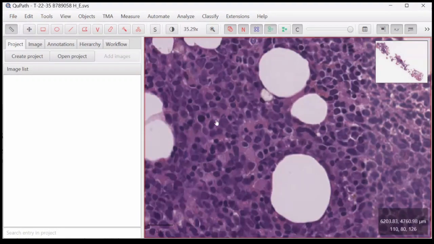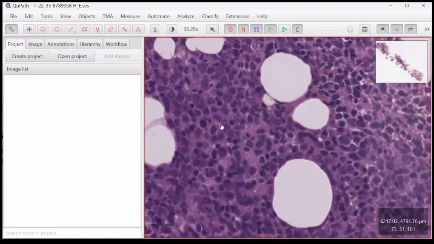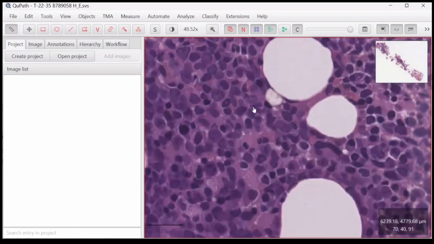But the predominant population is this kind of cells. They are large, some double to triple the size of a normal resting lymphocyte, and they have conspicuous nucleoli and a high NC ratio.